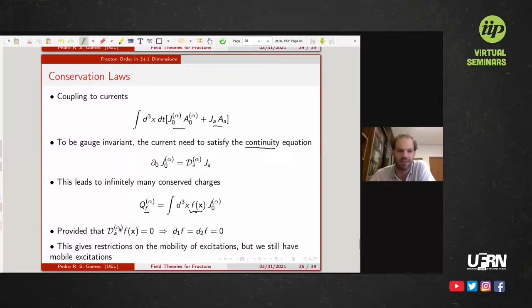We remember that big D operators are given in terms of D1 and D2. So this gives restrictions on the mobility of excitations, but we still have mobile excitations. We can construct line operators. We describe mobile excitations in this case, right?